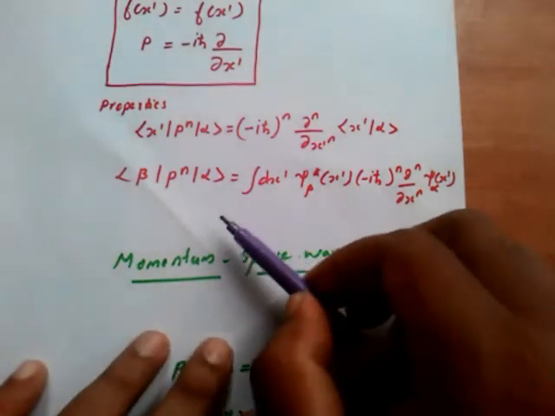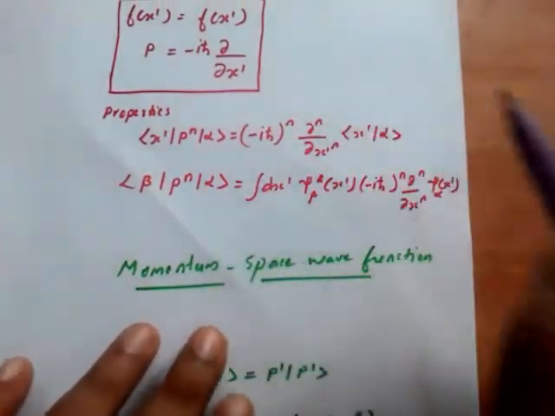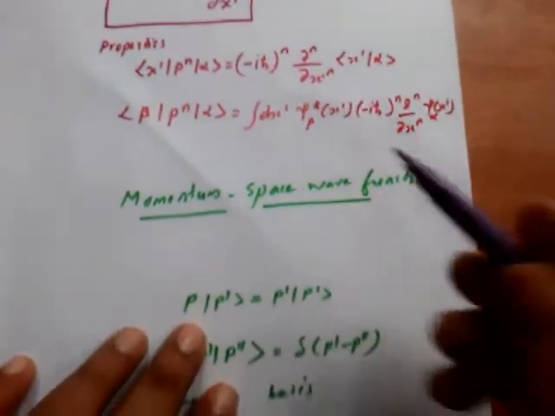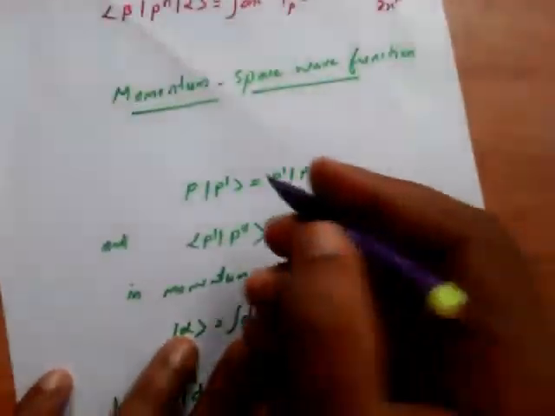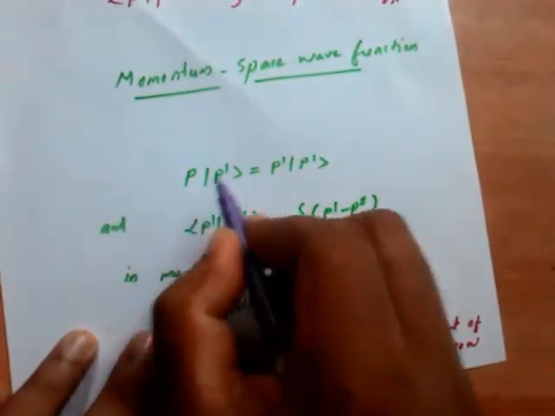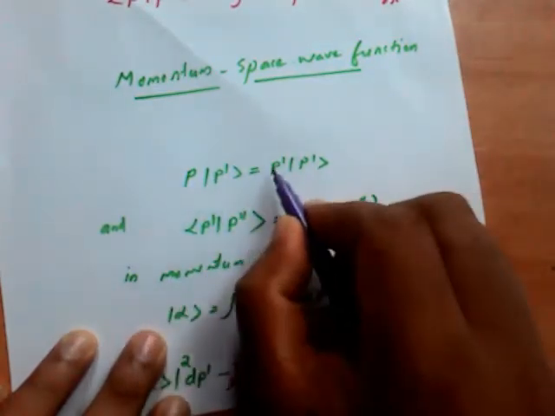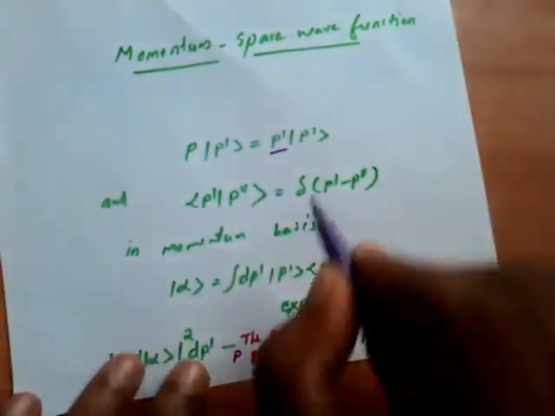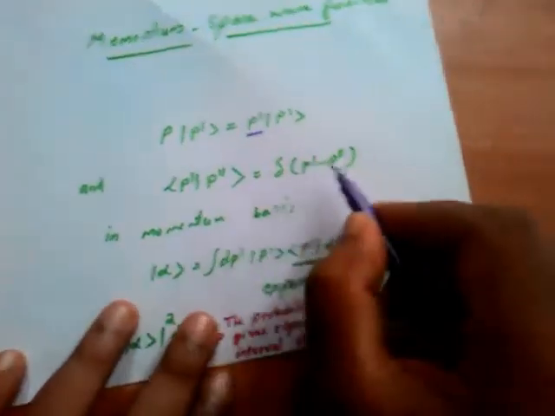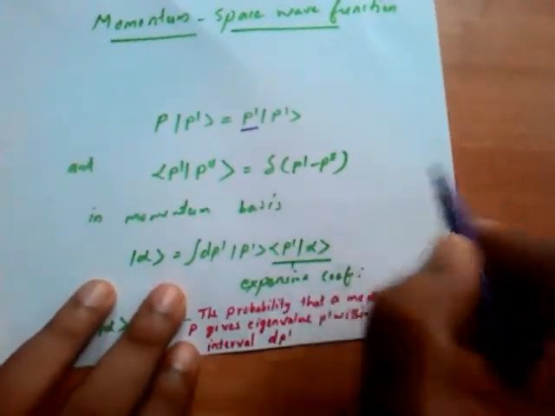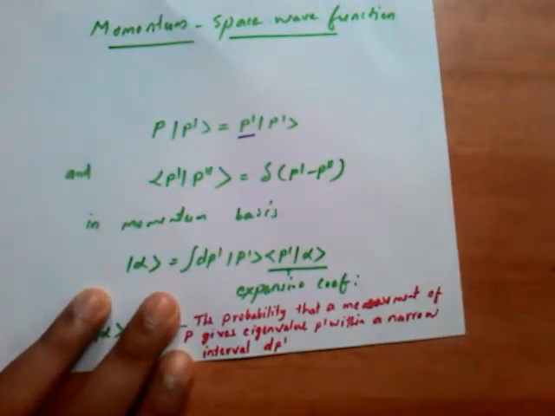In the previous discussion, we have discussed position space wave function. Here we are going to discuss momentum space wave function. So for momentum space wave function, if an operator P acts on a ket P dash, we will get an eigenvalue P dash into ket P dash. Okay, inner product of P dash, P double dash is equal to delta of P dash minus P double dash, as we have seen in the position operator.